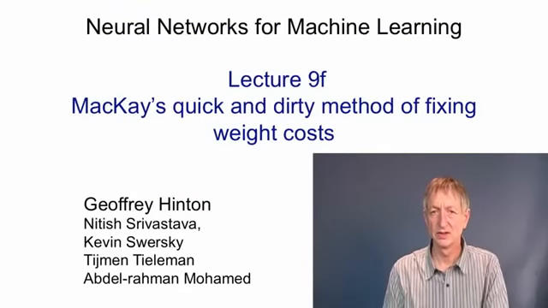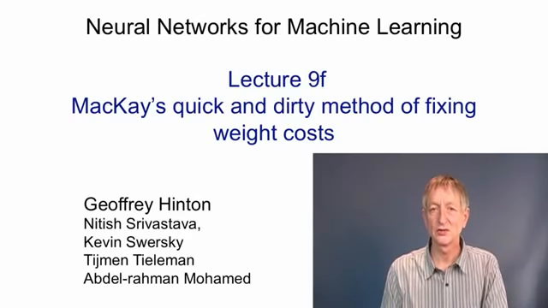In this video, I'm going to describe a method developed by David MacKay in the 1990s for determining the weight penalties to use in a neural network without using a validation set. It's based on the idea that we can interpret weight penalties as doing MAP estimation, so that the magnitude of the weight penalty is related to the tightness of the prior distribution over the weights.